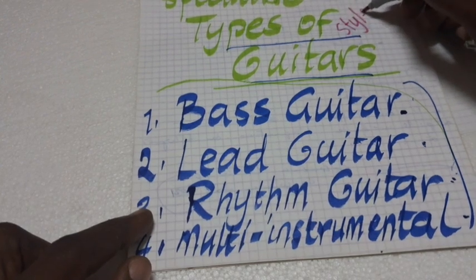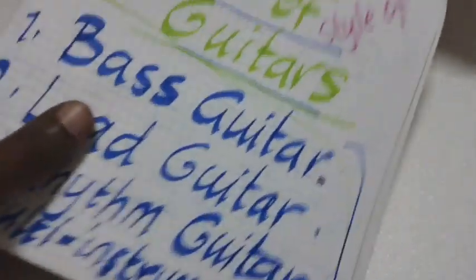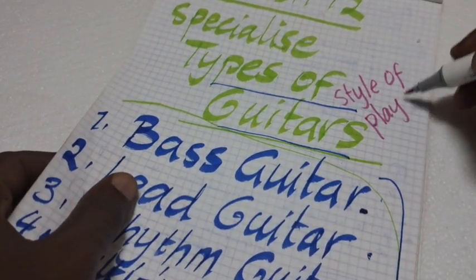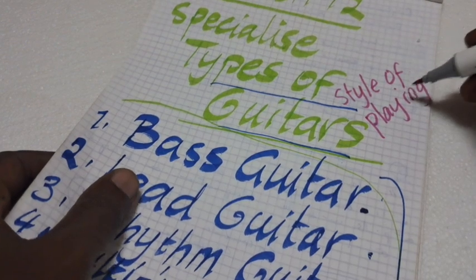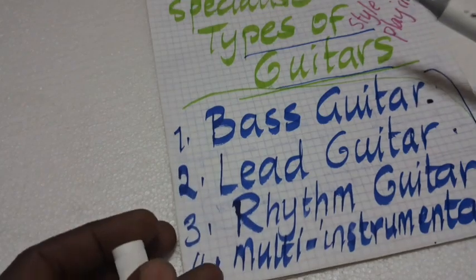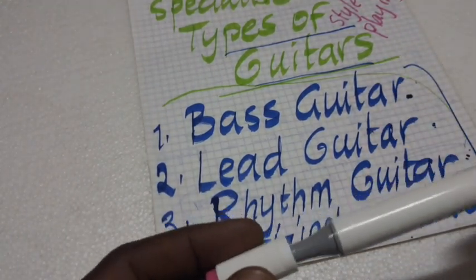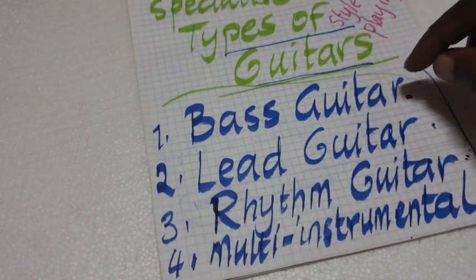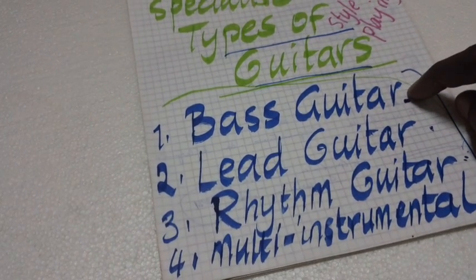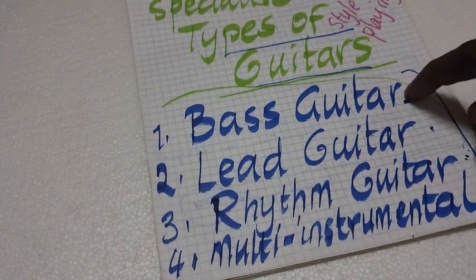Although we are talking about types of guitar, we are talking specifically in terms of the style of playing the guitar. In this case, please, let's not generalize. We are categorizing them according to how it is played. There's a particular way you play the guitar, and you say, this is the style of bass guitar.